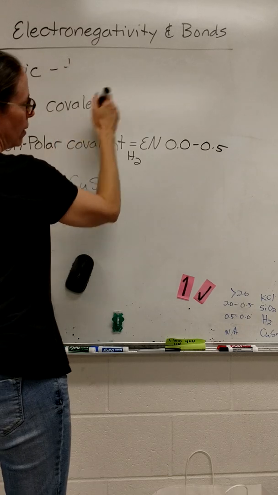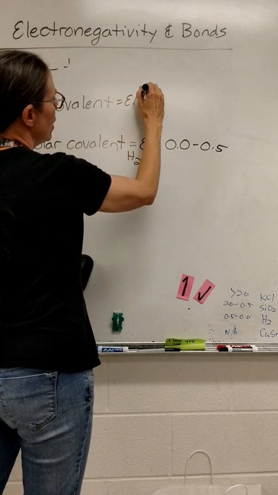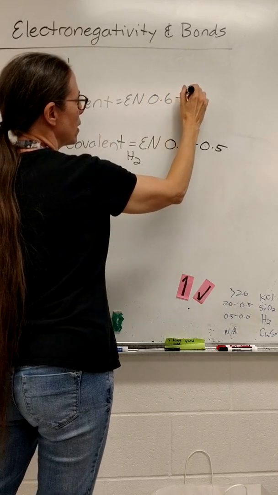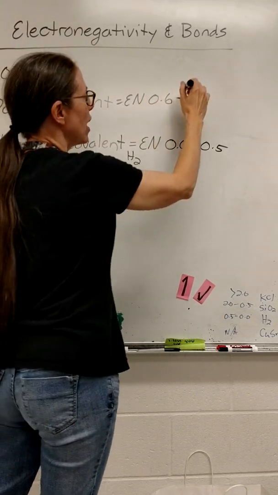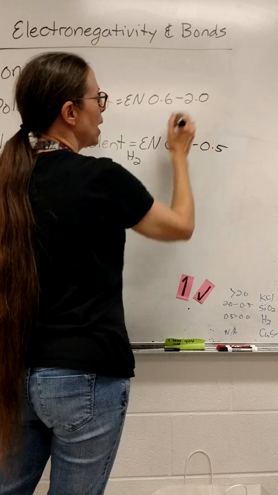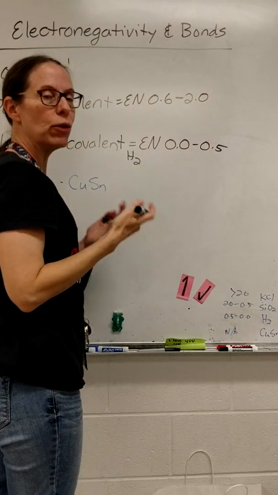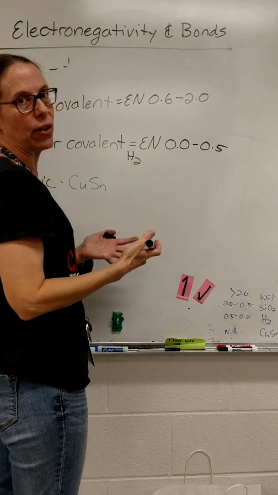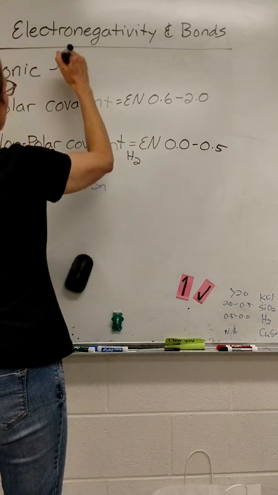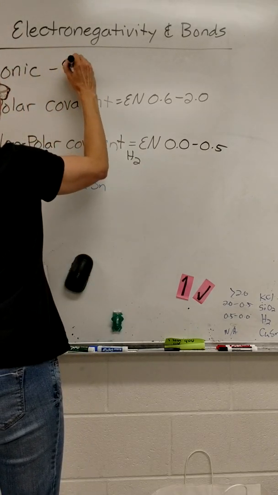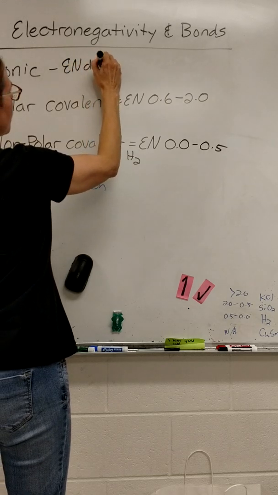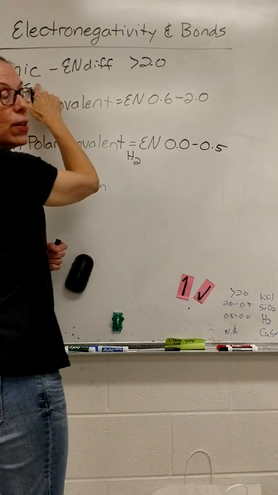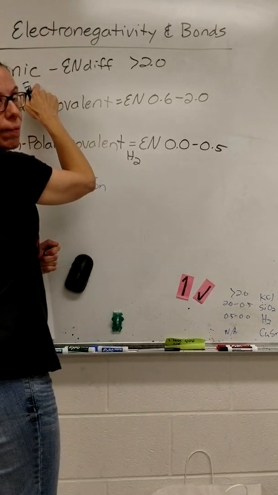Polar covalent bonds have an electronegativity difference of somewhere between 0.6, and in this class we're going to make the cutoff at about 2.0. Different people argue about where the cutoff is. In this class, these are the numbers we're going to use. If the electronegativity difference is higher than 2.0, then it's going to be an ionic bond.